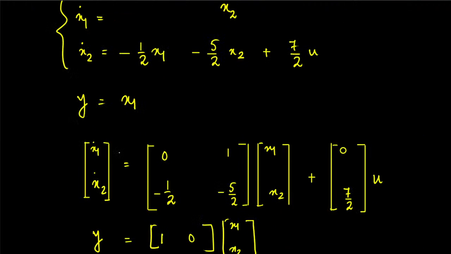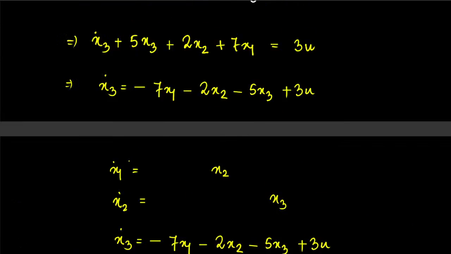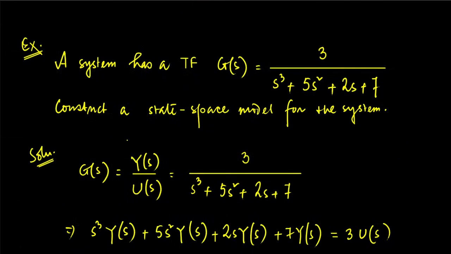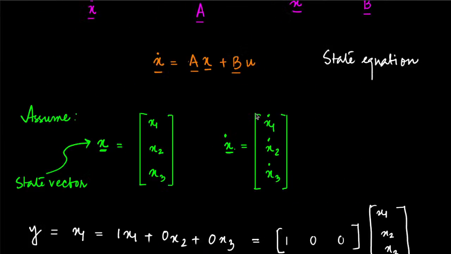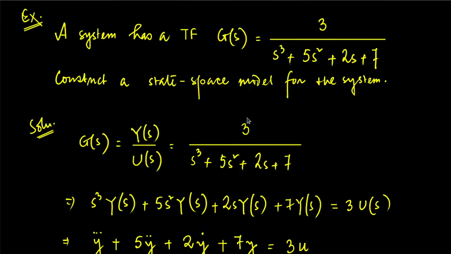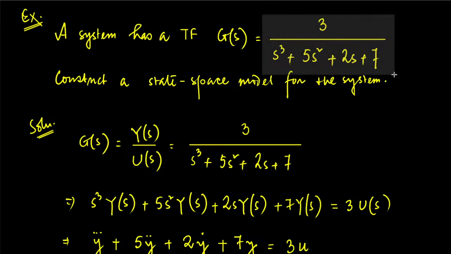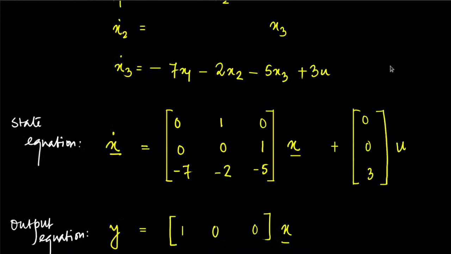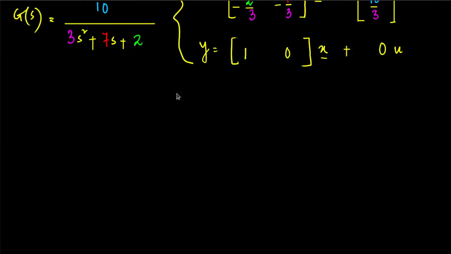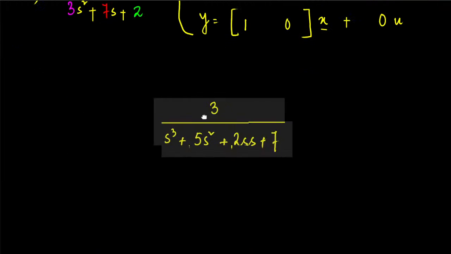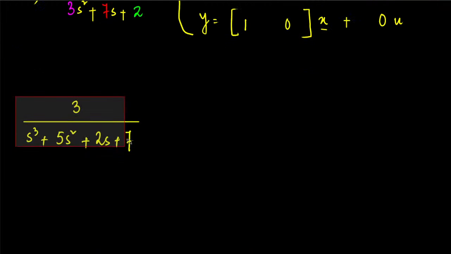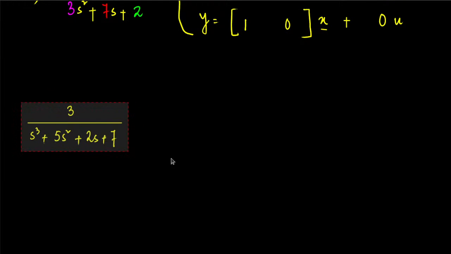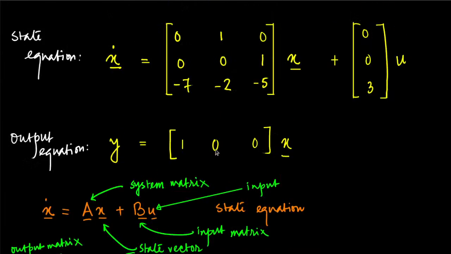Okay, so in a similar fashion, let me bring that third order system. We did this thing multiple times. So let me bring the third order system here. What was the third order system? So that you get the pattern. My objective is to make sure that you can do these things as easily as possible.